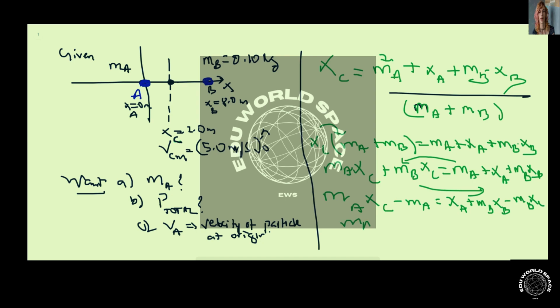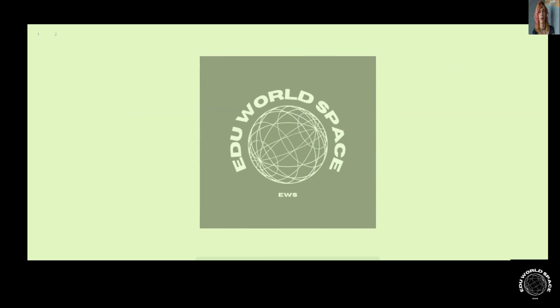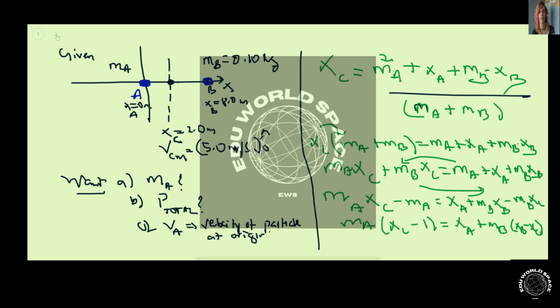So we pull out the MA, and we're left with MA times (XC minus XA) equals MB times (XB minus XC). Those are the positions we have. So we're getting closer to solving for MA. So we'll just shift to the next page and make sure that we have our numbers right.